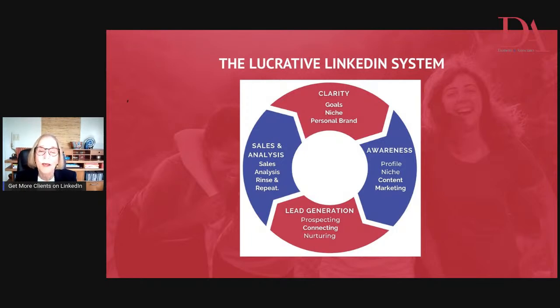It's a quick decision. The other thing that you do in this particular stage is you start looking at content marketing, and you can use that with your profile. I'm not going to go into creator mode today. That's a whole class in itself. But understand that creator mode, when you turn that on your profile, gives you the ability to offer a LinkedIn newsletter.